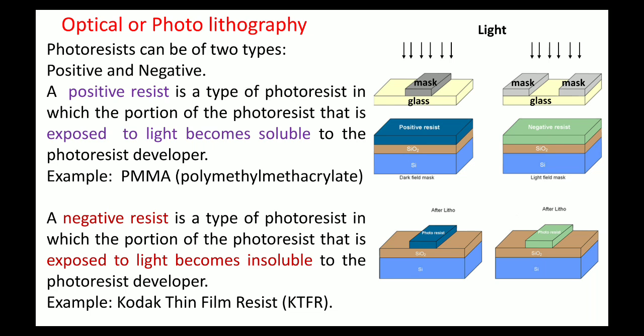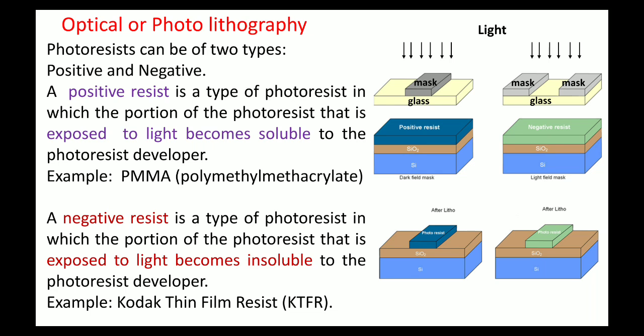So you have to use the correct mask based on the type of photoresist. The same mask cannot be used for positive photoresist and negative photoresist. If you use the same mask, then you are getting different patterns on the material.